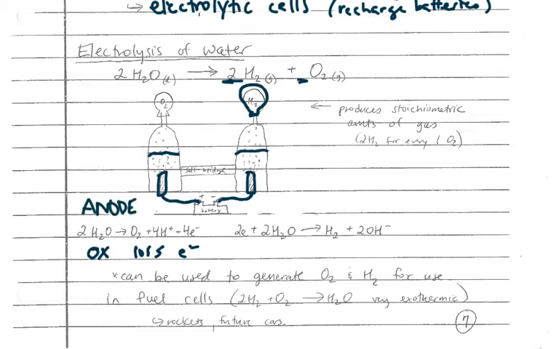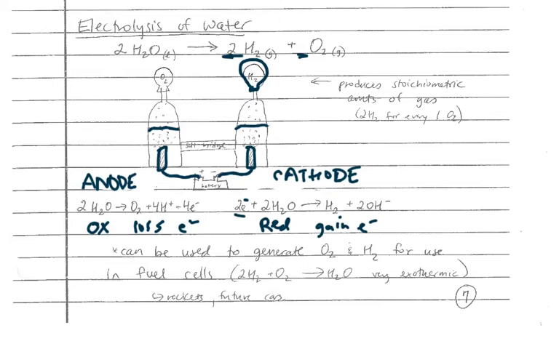And this side is gaining electrons. Here are electrons on the reactant side. And reduction is gain of electrons. So that means that this is the cathode.